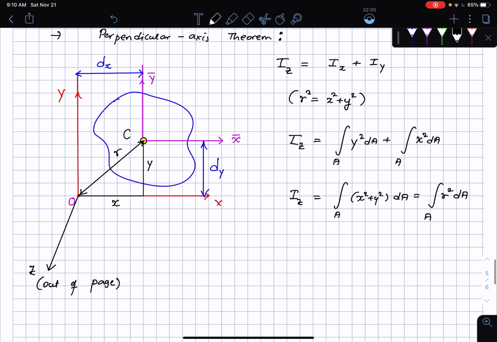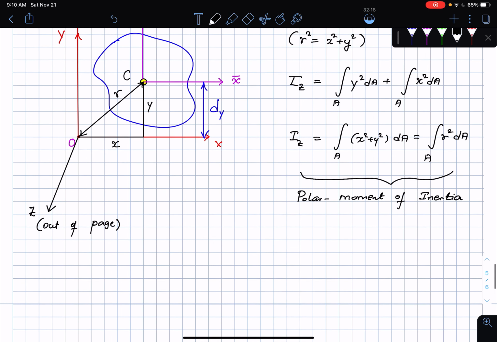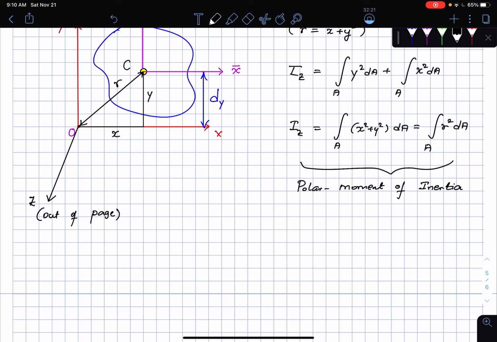This Iz is sometimes also called the polar moment of inertia. This is typically useful for looking at cross sections of circular bodies in strength of materials.